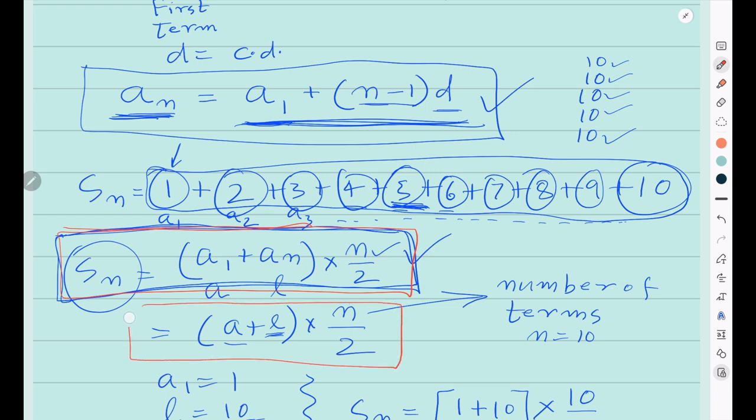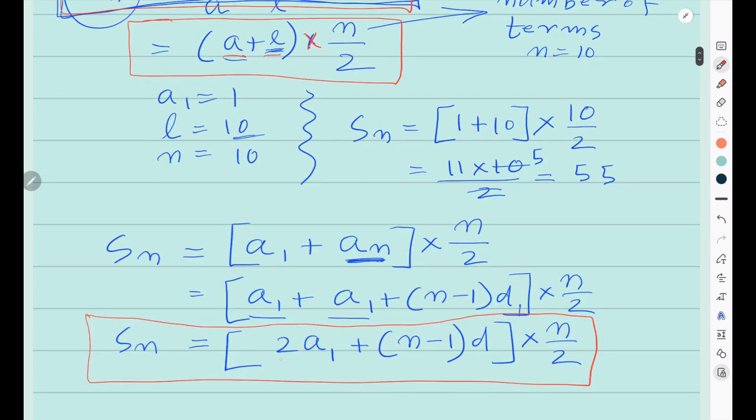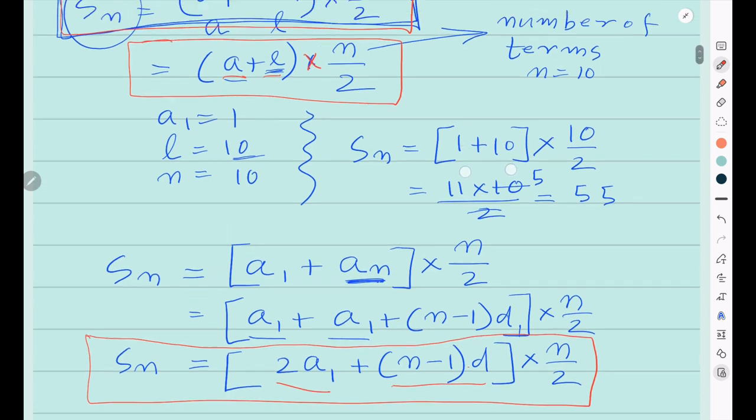So we have two formulas for the sum of numbers of an AP. One is (first term plus last term) multiplied by n by 2, and the other is first term multiplied by 2 plus (n minus 1) times d, and everything multiplied by n by 2.